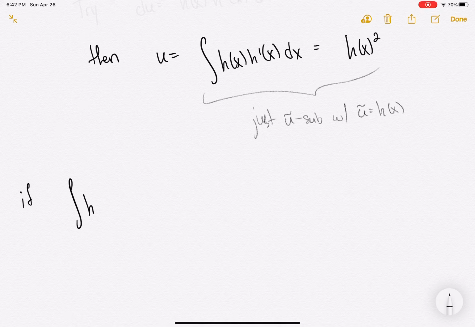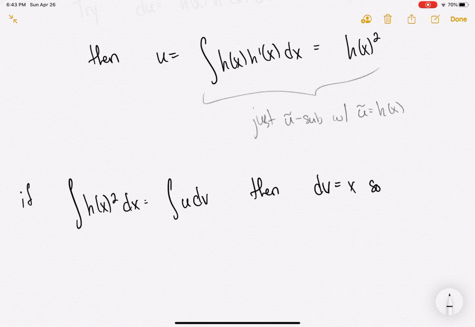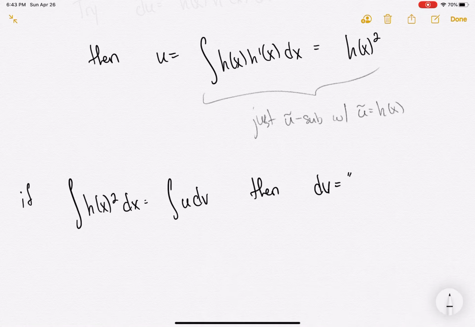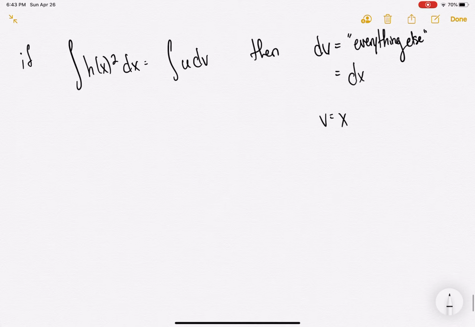And then all of a sudden things start making sense because, okay, if this integral h of x squared dx equals integral u dv, then dv equals dx, so v equals x. Then all of a sudden, what do we have?